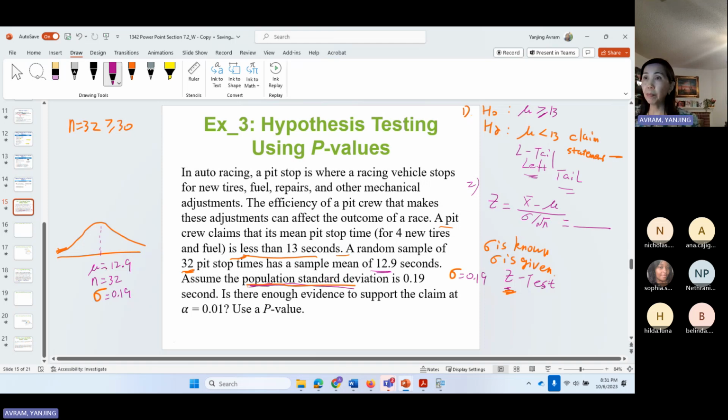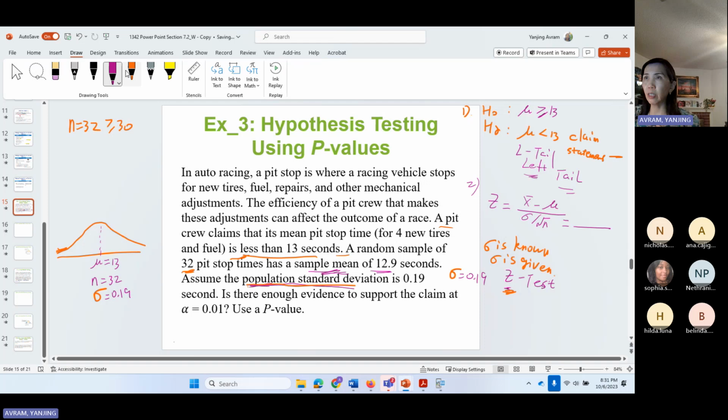I need to make a little correction here. 13 seconds is the population mean. The sample mean is the x bar.